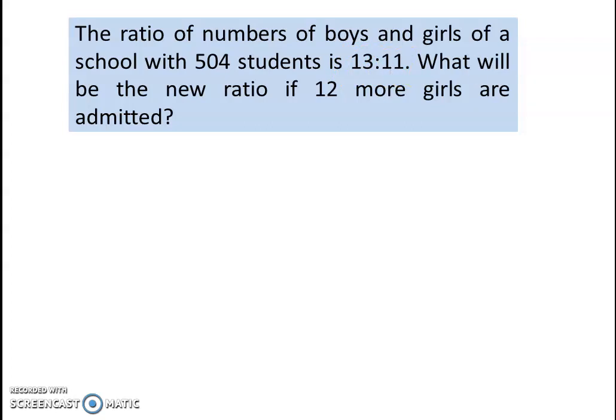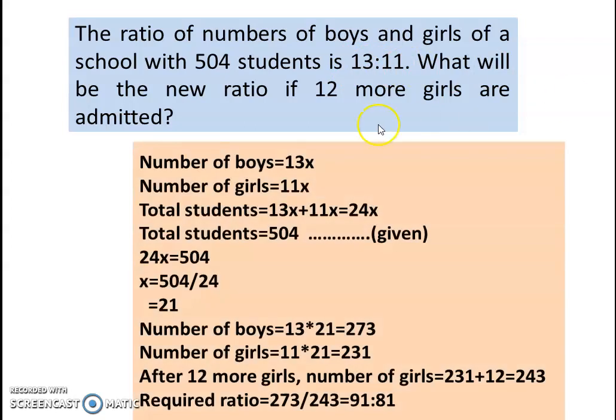We can find the number of boys and girls. Now based on ratio we can write number of boys 13x and number of girls 11x. Total students will be 13x plus 11x, that is equals to 24x, right? Now total students are given 504, so 504 will be equal to 24x. Now after dividing 504 by 24, value of x will be 21.